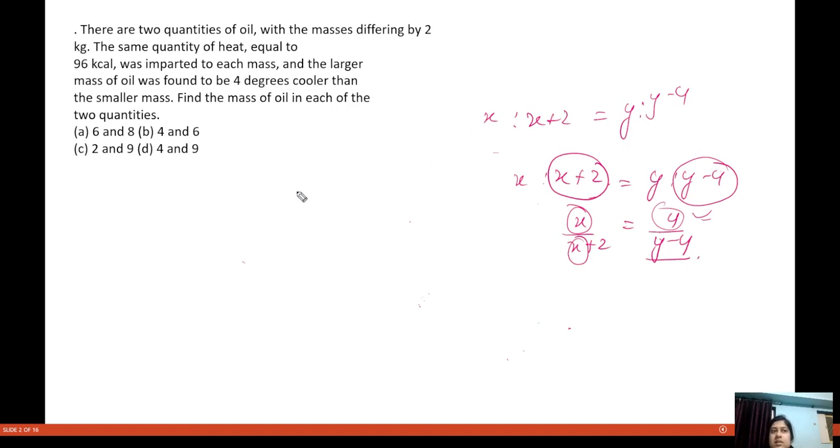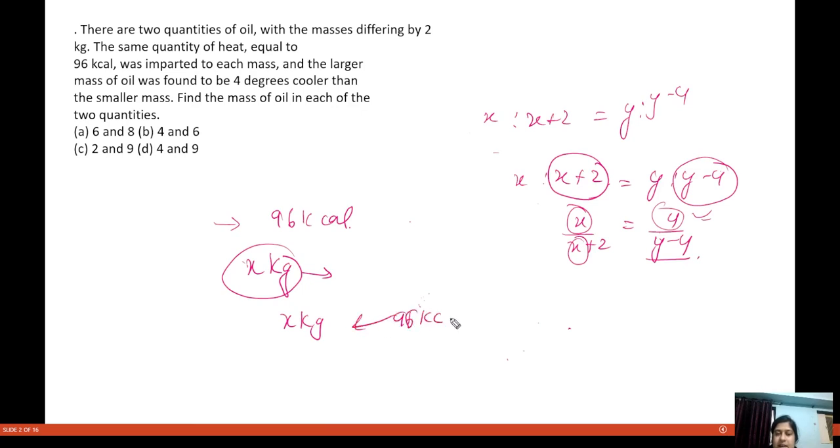We have this 96 kilocalorie and we have x kg. When given 96 kilocalorie heat, this x kg gives the temperature 96 divided by x.